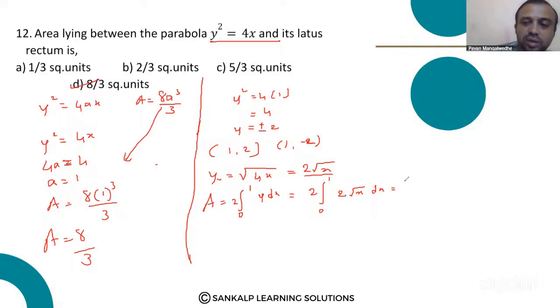The 2 we send outside, so the constant is 4 into the integral from 0 to 1 of square root of x, and square root of x can be written as x raised to half, dx.